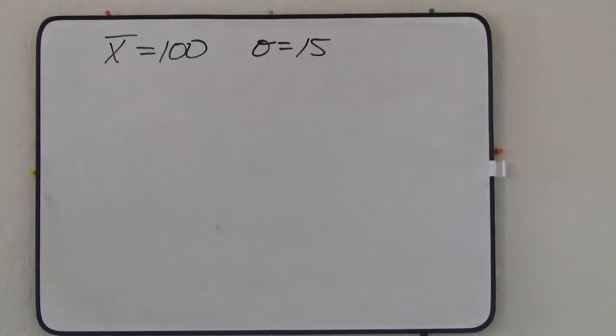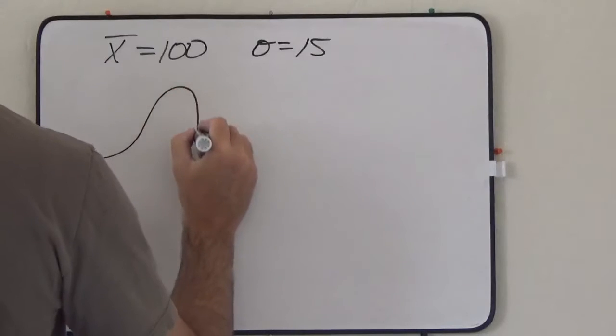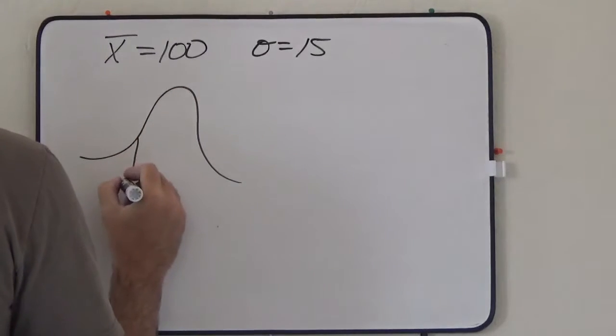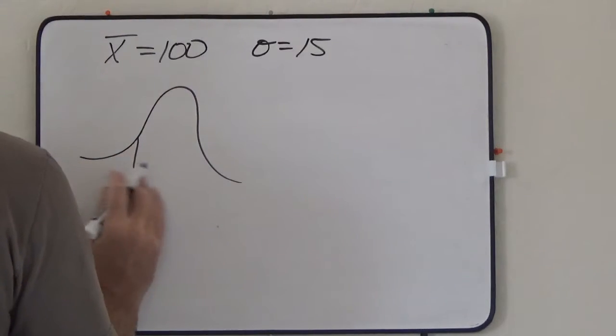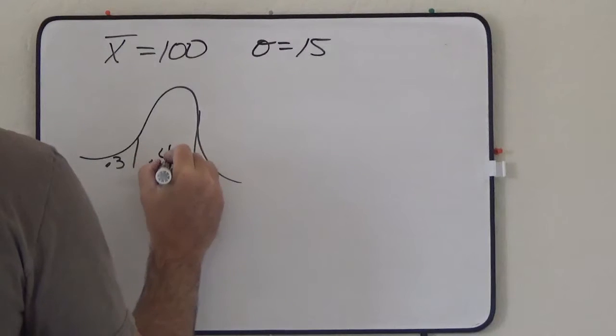Alright, so we want to find out what numbers are separating these into their percentages. So let's draw this so we know kind of what we're looking for. We want 0.3 area. Let me write it in here, 0.3. We want the middle 40%, so 0.4 here.